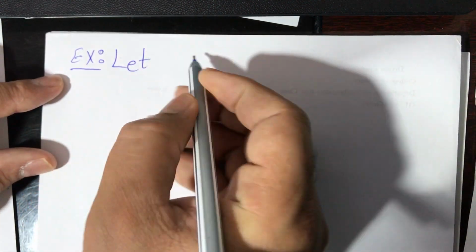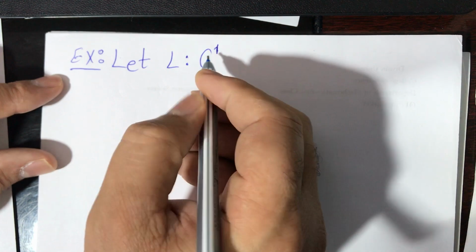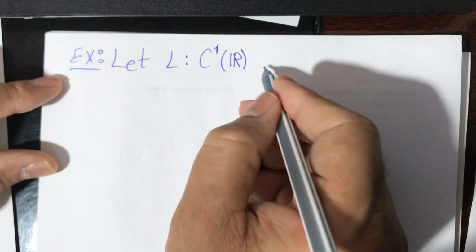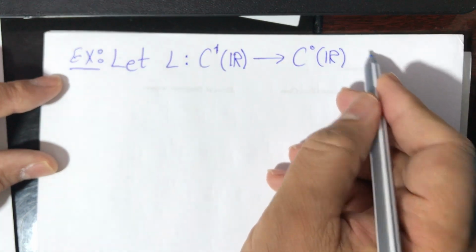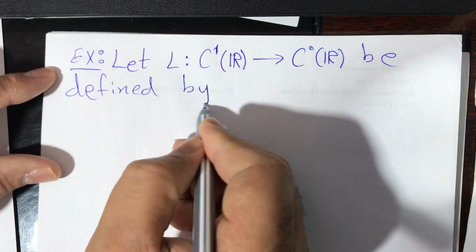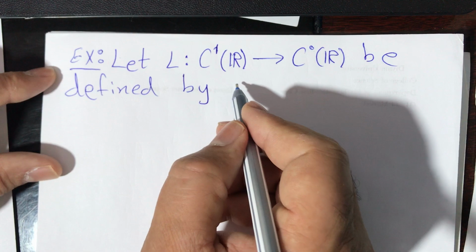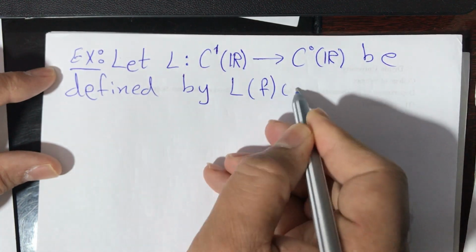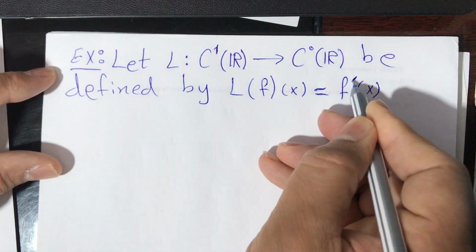Let L be defined from C1, this is differentiable, the first derivative, into C0 of R, this is continuous functions, be defined by L of f of x is equal to f prime of x. This is the derivative, f prime of x.